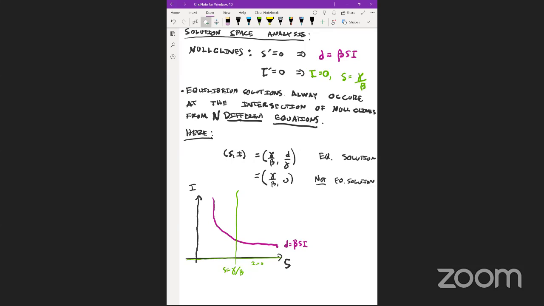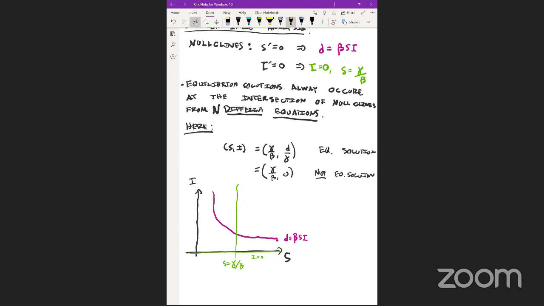Okay. And here we can see it exactly, right? So we have one equilibrium solution at gamma over beta, D over gamma.